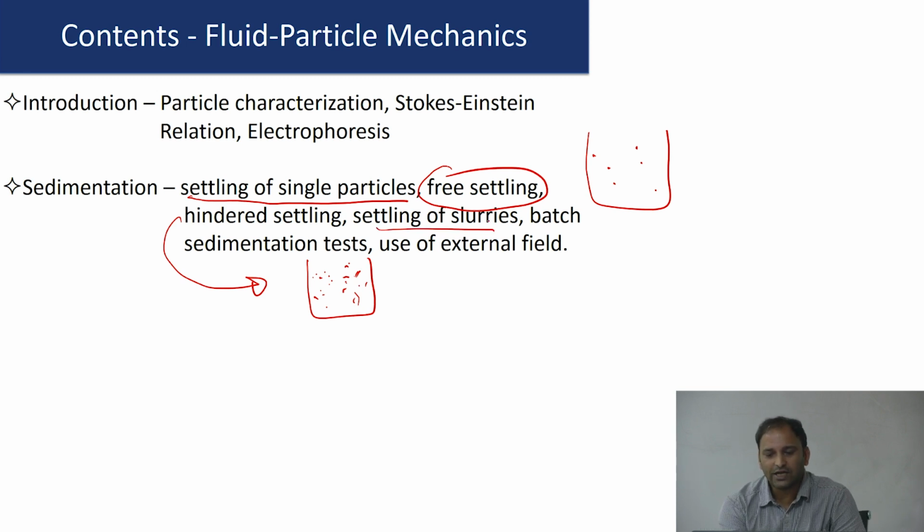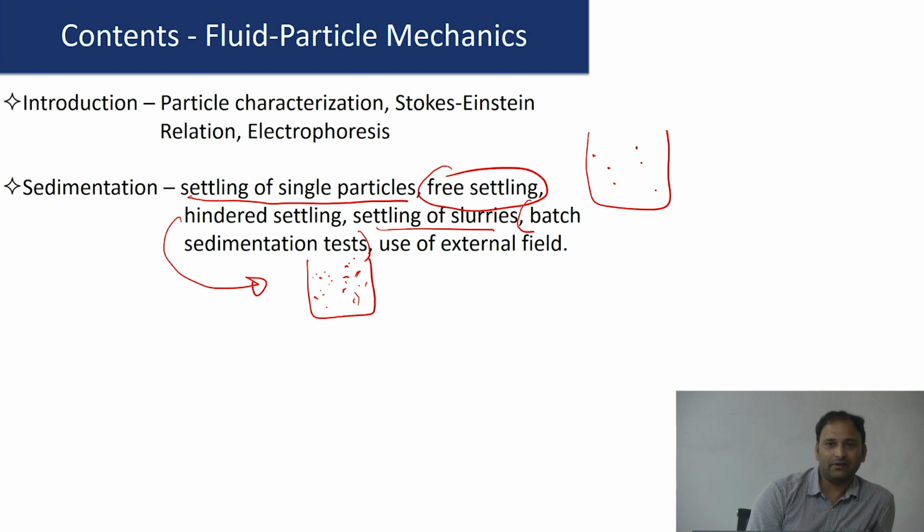Then we will move on to settling of slurries, where you have a dispersion of particles but the concentration is really large. People do something called a batch sedimentation test. You take dispersions in a long column and watch them as the particles settle.